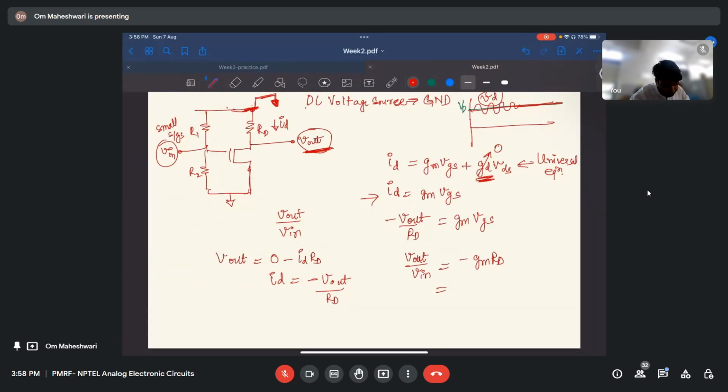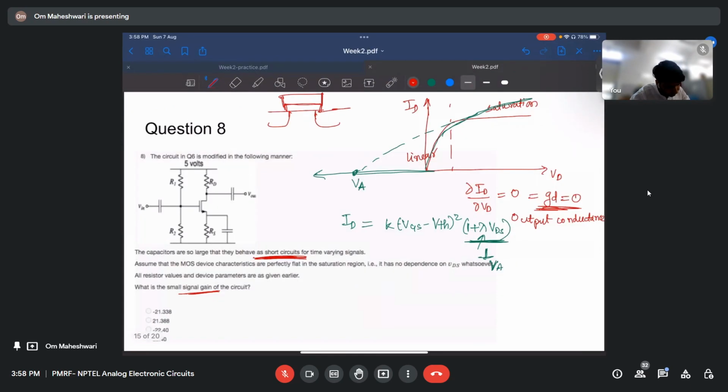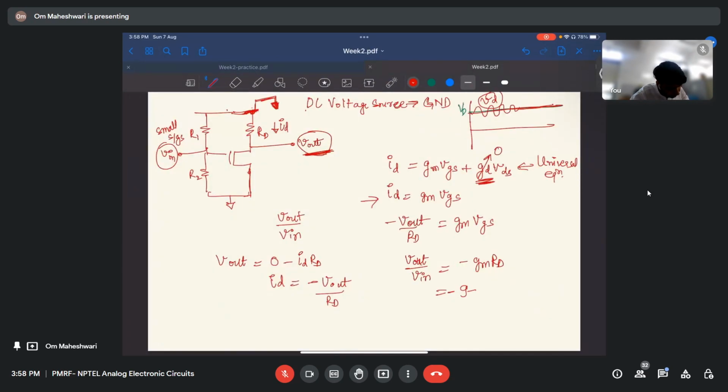And GM we had calculated, I think it was minus 940 microsiemens, and RD was 22.7 K. It will come out to be minus 21.3 volts per volt.